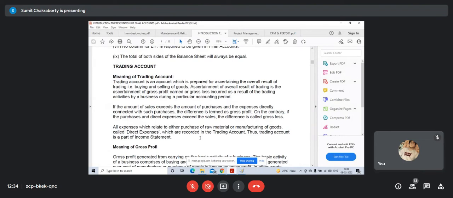It says if the total expenses are less than revenues, then, total revenues meaning total sales, it is a gross profit. On the other hand, if the direct expenses are higher than the total sales, then there is a gross loss.